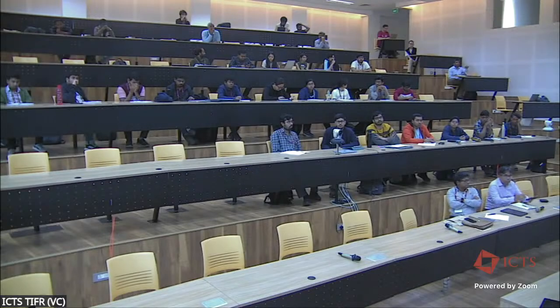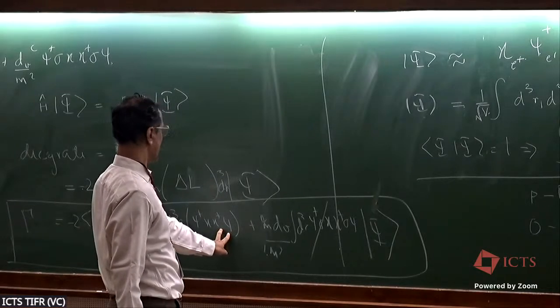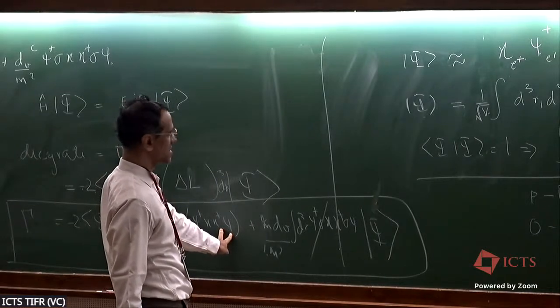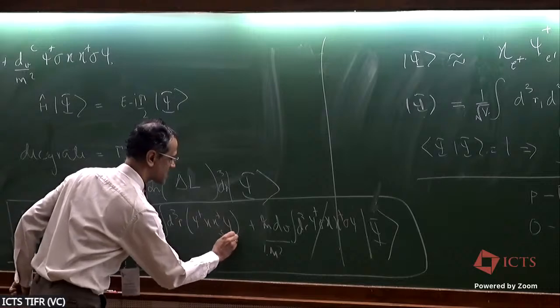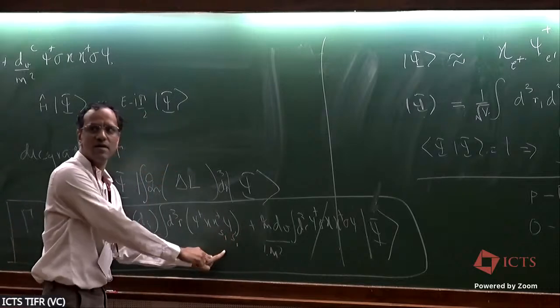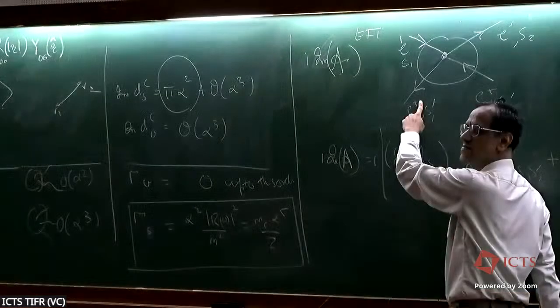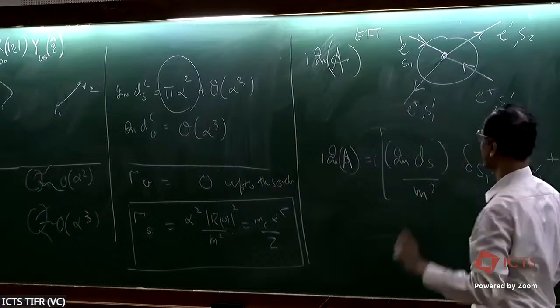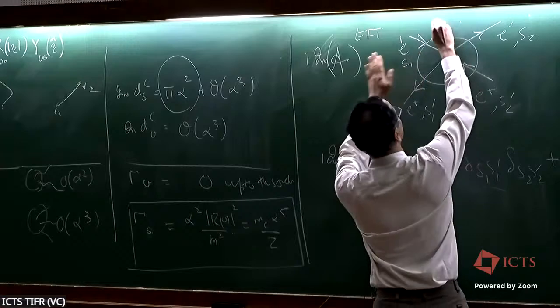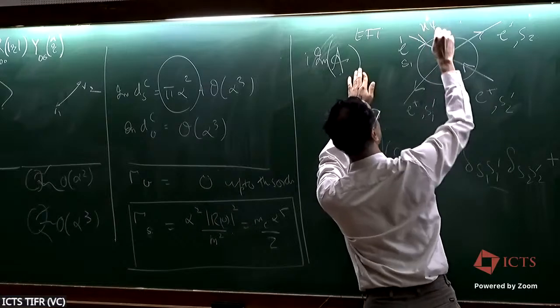Right, so this was chi dagger psi. So the chi dagger psi is prime, right? So when I contract this one, I'll get delta SS1. Is it okay? So the term is, let's say, chi dagger psi.